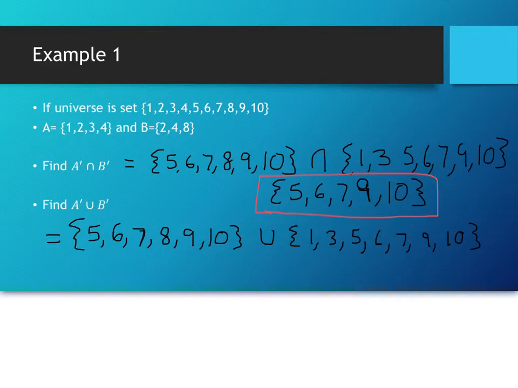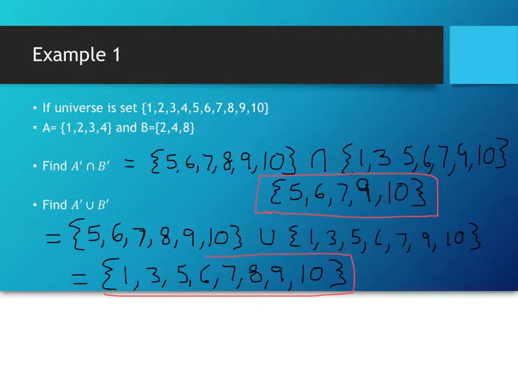All right. So if I union those things, I am going to have a 1, a 3, and a 5. 1, 3, 5, 6, 7, 8, 9, 10. All right. So that would be my answer.